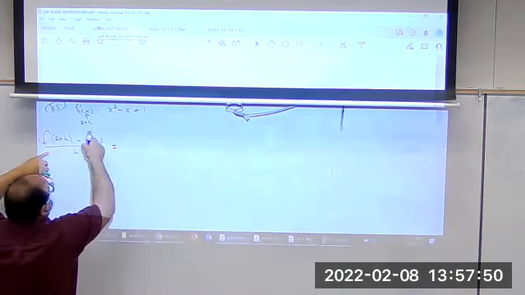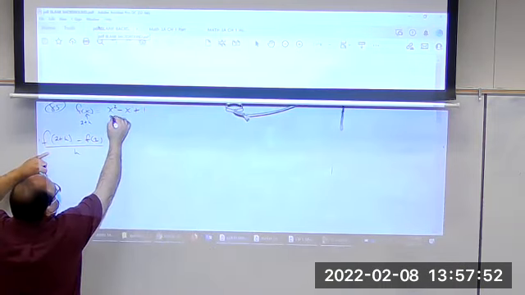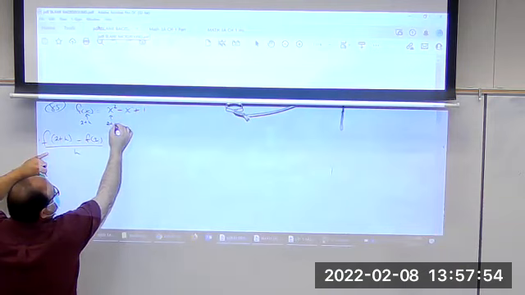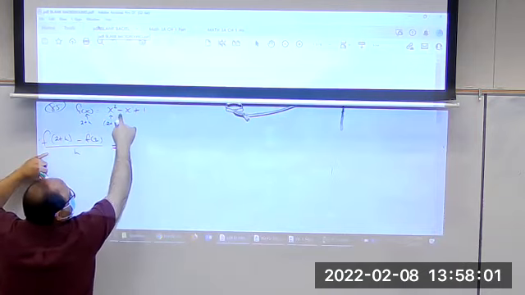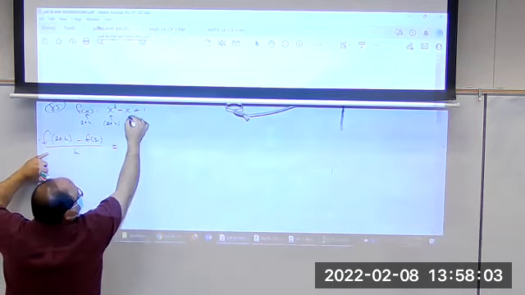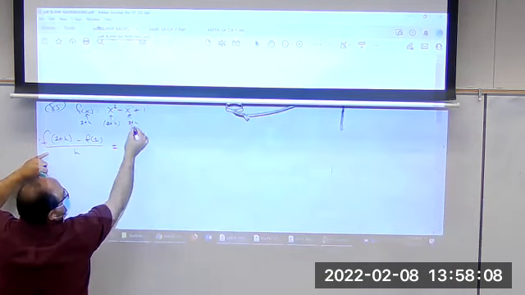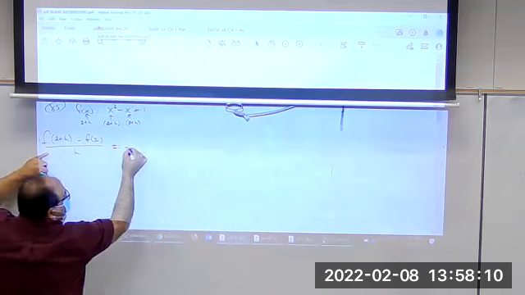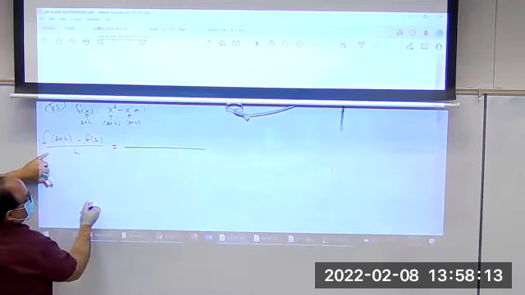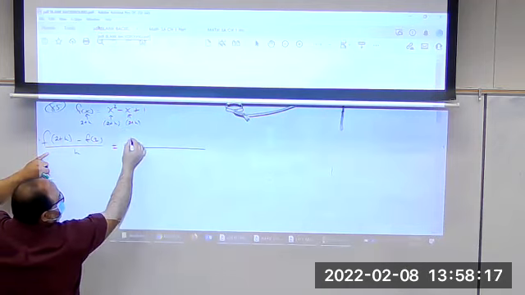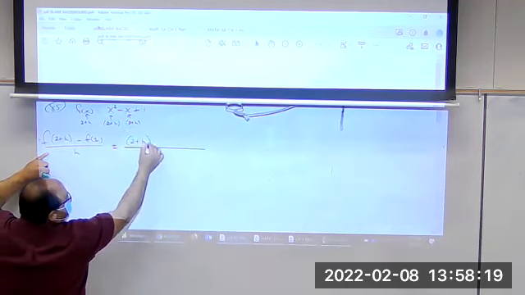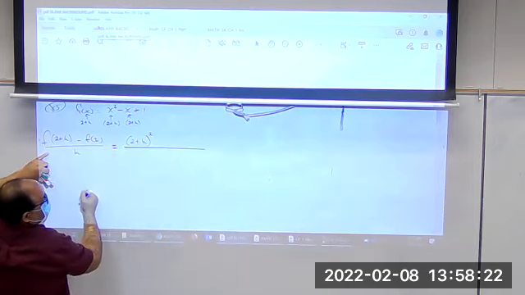So 2 plus h goes in for that x. And use parentheses because whatever goes in here, you're going to square. And then you're going to subtract 2 plus h going in for that x. And because you're going to subtract, you better put it in parentheses. So the first substitution, you plug 2 plus h in for this x, and you're going to square it. 2 plus h squared.